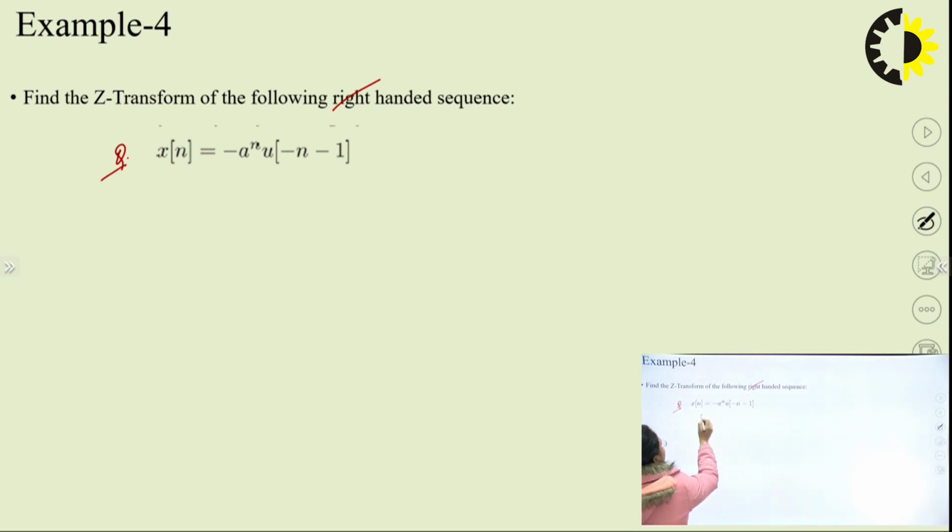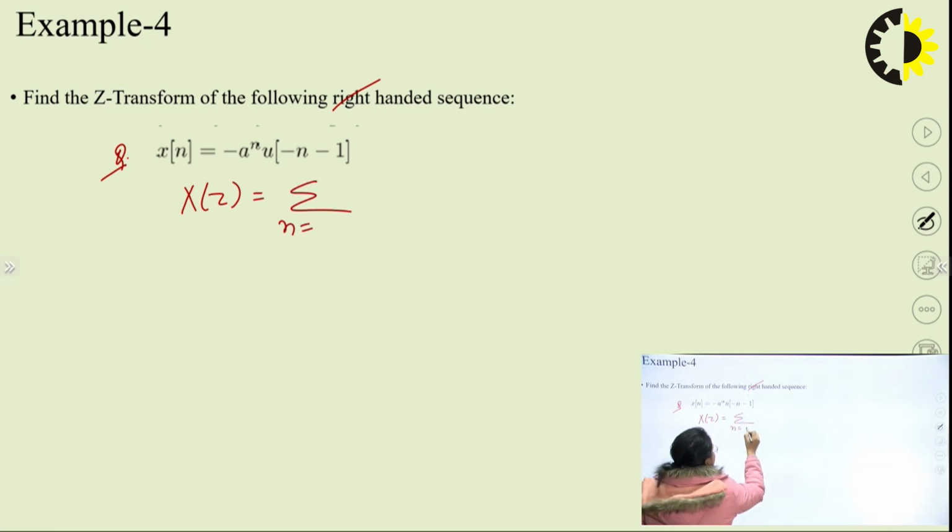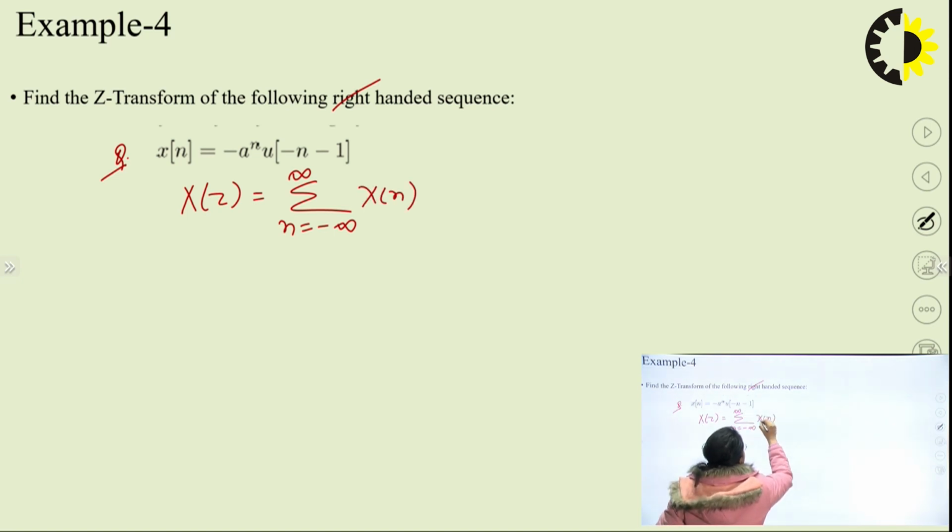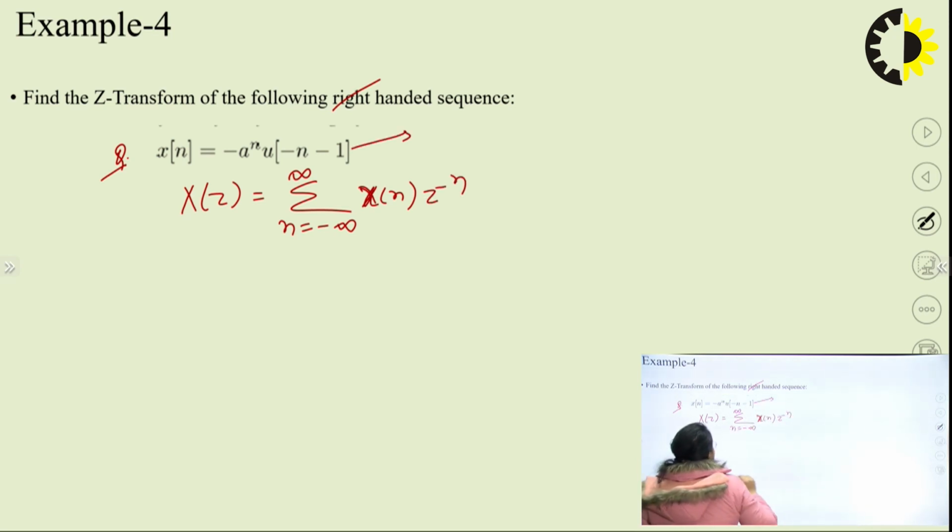So now X(z) will be equal to, I'll simply put in the value of my formula, the summation from -infinity to infinity of x[n] z to the power -n. First I'll define this function x[n].